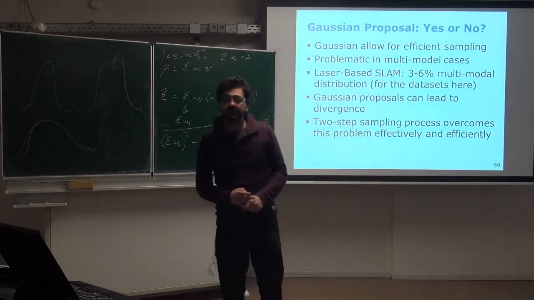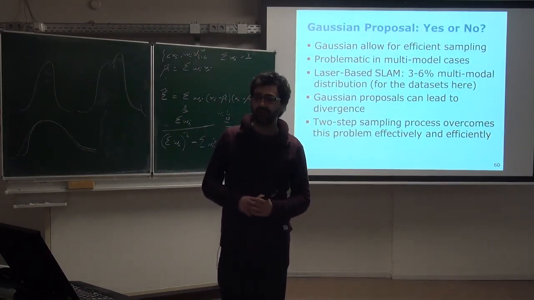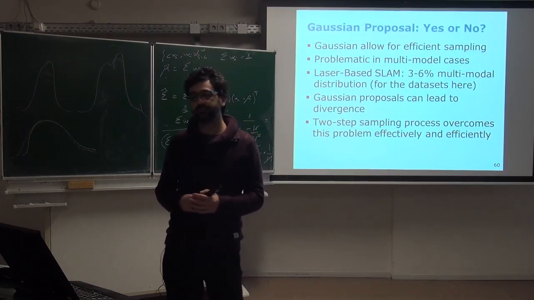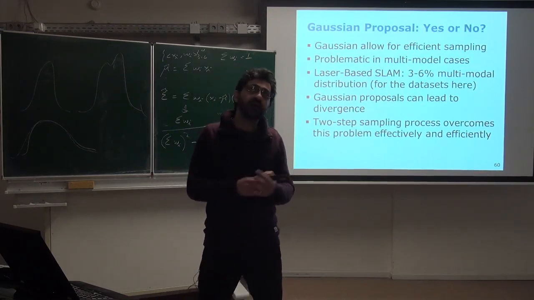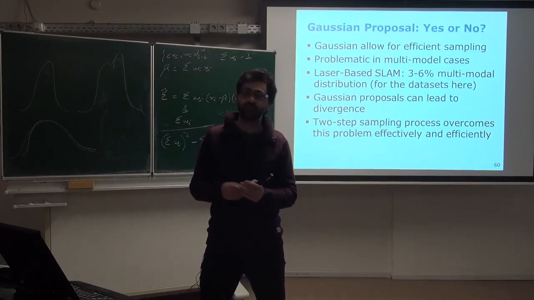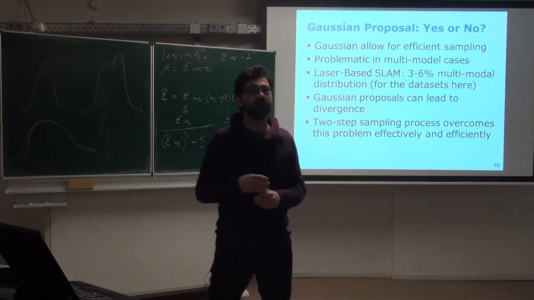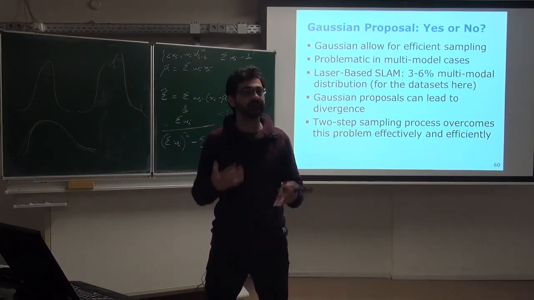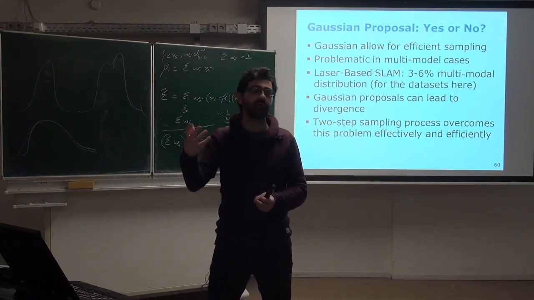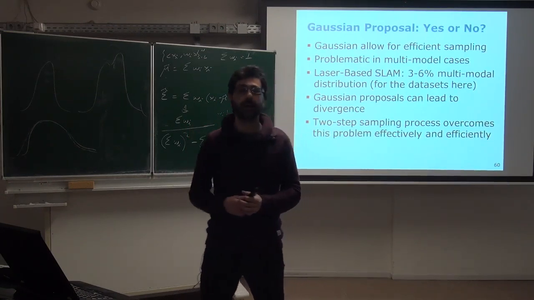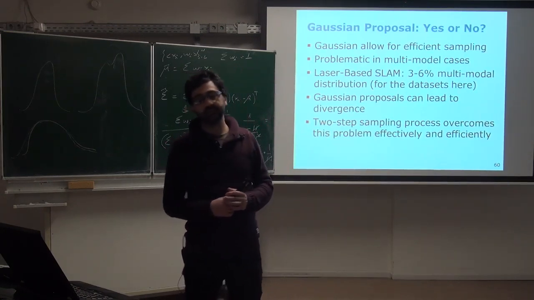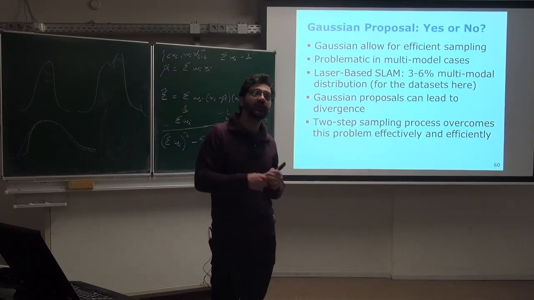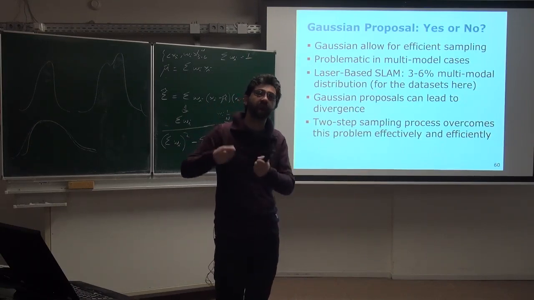So do we actually really need this or not? As a take-home message, on one side, if you have this Gaussian approximation, sampling is more efficient, so you can generate a lot of samples almost at the same cost, because the only cost you have is the cost for the approximation. But in the other case, the more samples you have, the more costly it becomes.